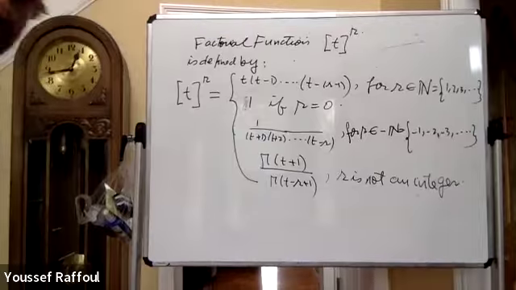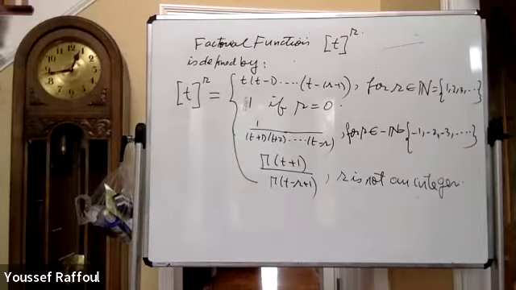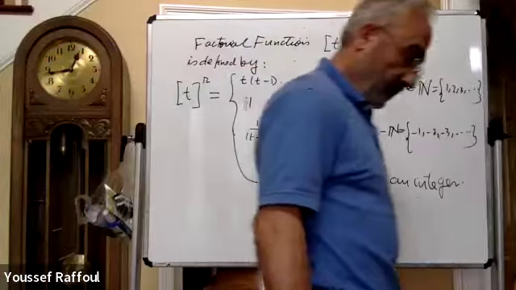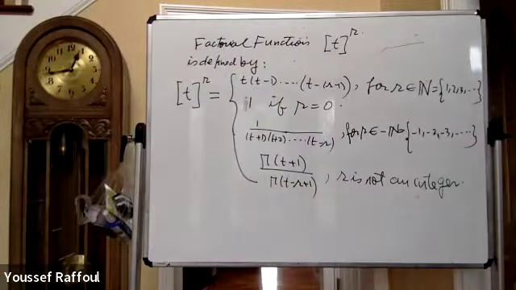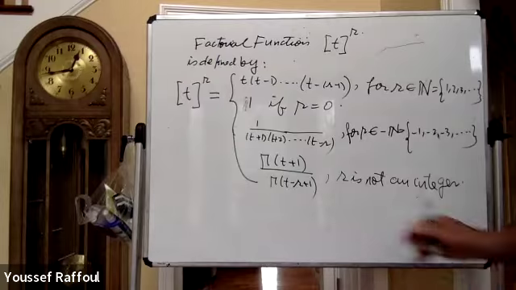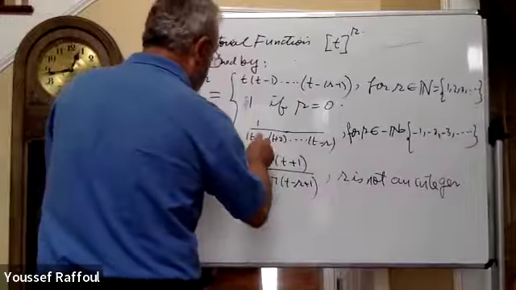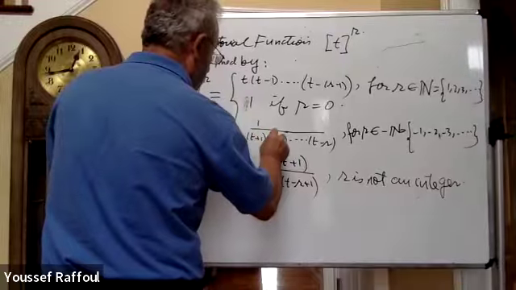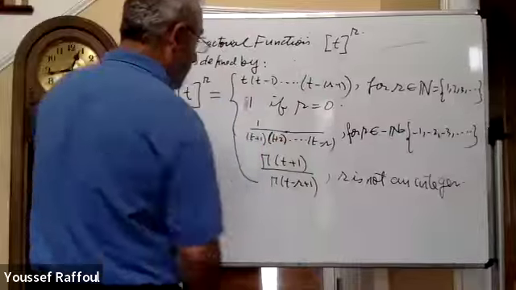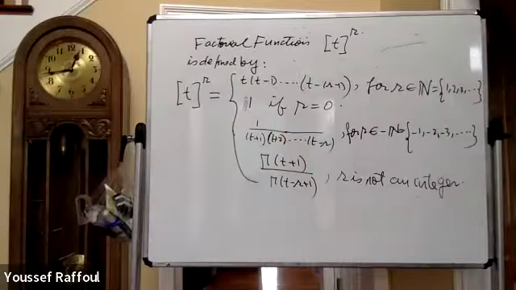All right. Any questions? This is t plus 1, looks like a d. T plus 2, all the way down to t minus r.